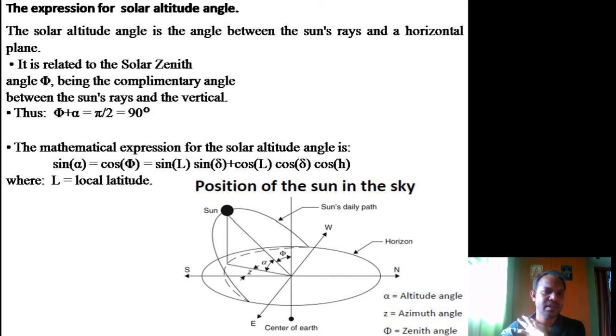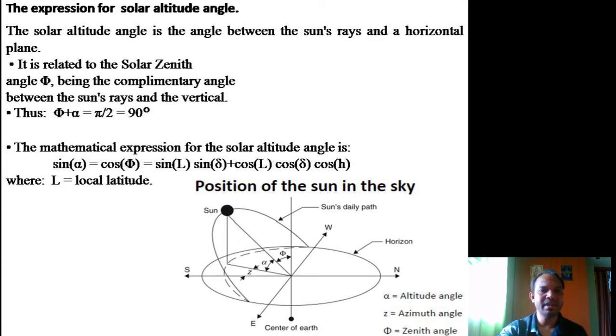Then the zenith angle plus the altitude angle is equal to pi by 2, which is nothing but 90 degrees. So with minimum common sense of mathematics, we can make it out: this plus this will be equal to 90 degrees, that is pi by 2.